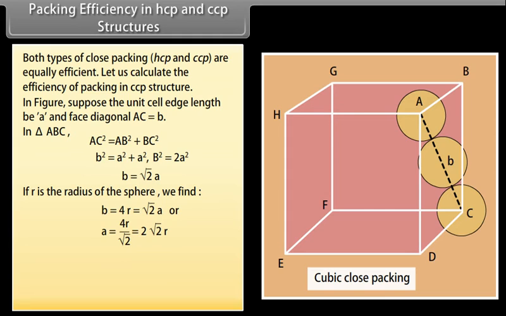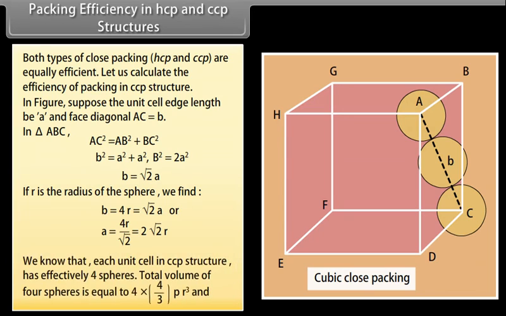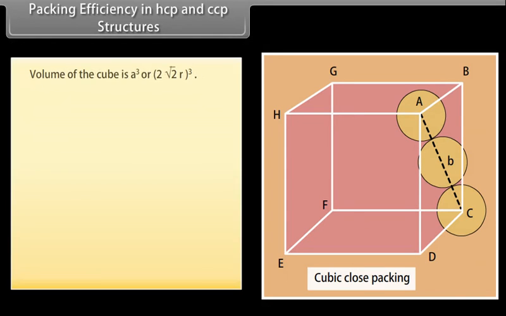We know that each unit cell in CCP structure has effectively 4 spheres. The total volume of the 4 spheres is equal to 4 into 4 upon 3 pi r cube, and the volume of the cube is a cube, or (2 square root 2 r) cube.